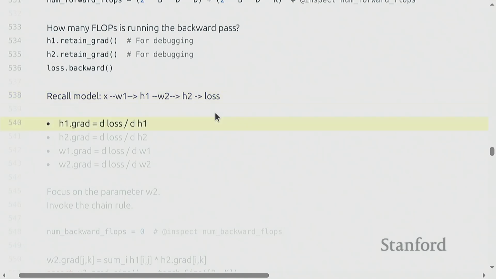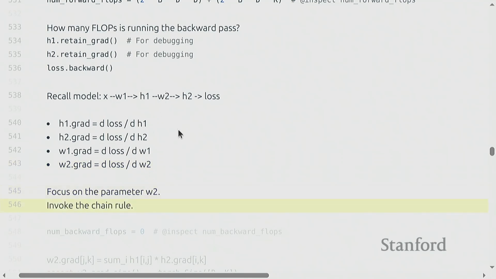And the gradients that are relevant is you have to compute the gradient with respect to h1, h2, w1, and w2 of the loss. So d loss, d each of these variables. Okay, so how long does it take to compute that? Let's just look at w2 for now. Okay, so the things that touch w2, you can compute by looking at the chain rule.